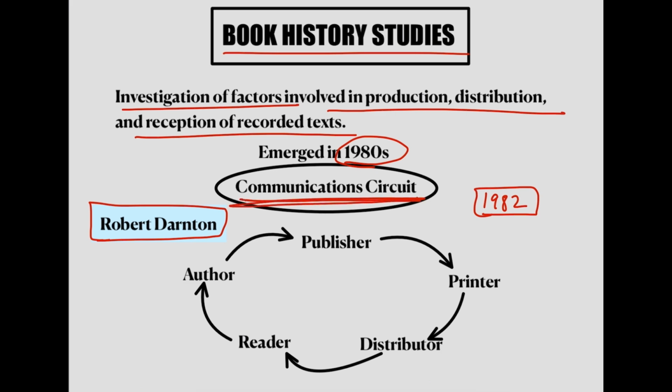This is important, and his name is important. He said that the author writes the book, then it is published, printed, and distributed, then reaches the reader, and then he gets the feedback from the reader, and this is the complete circuit.